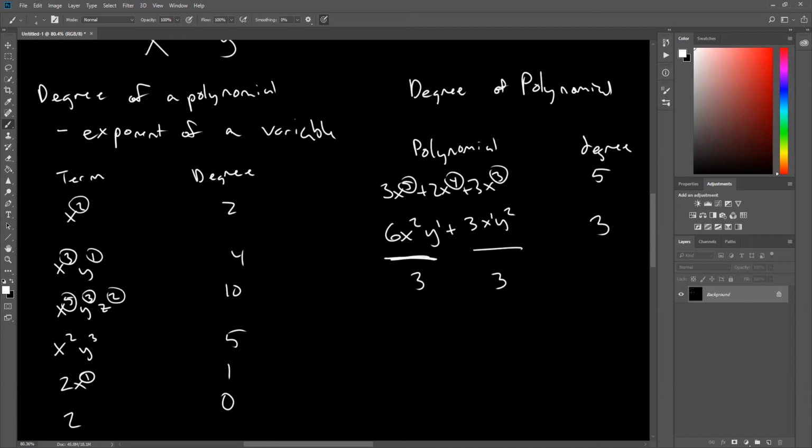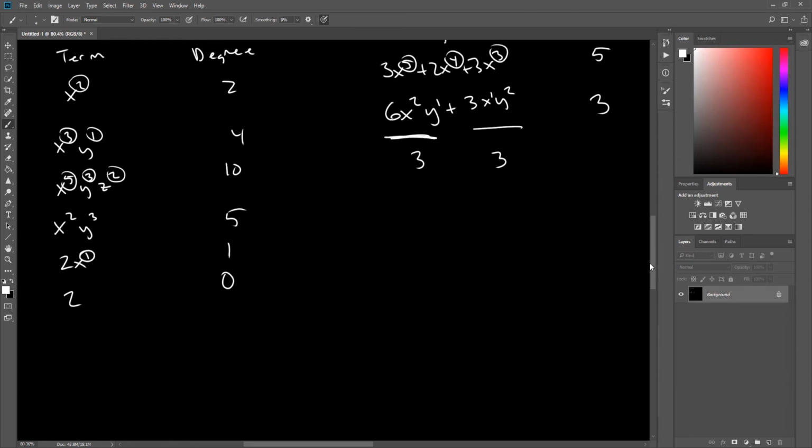There are ways that people classify these in terms of how they name them. I'll just show you real quickly. You're not going to come across this very often, but when they classify, you're going to need to know the degree of the polynomial, and then how many terms there are.